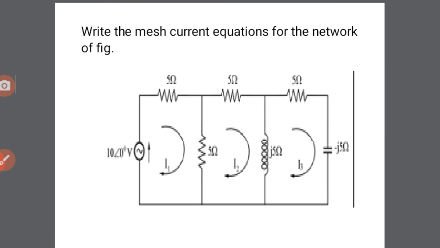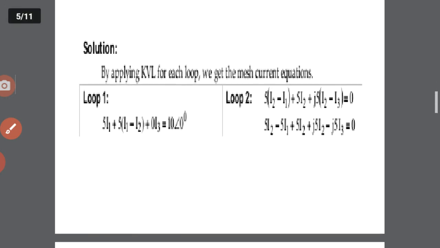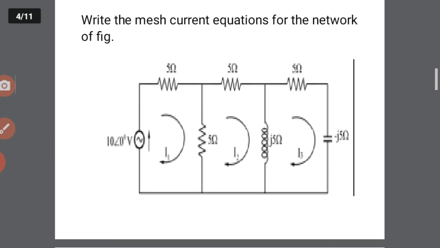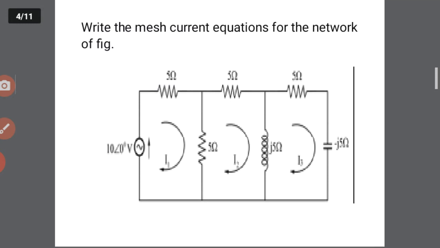So look at here. Again write the mesh current equations for the network. Before writing the equations, the current flowing direction is clockwise: I1, I2 and I3.